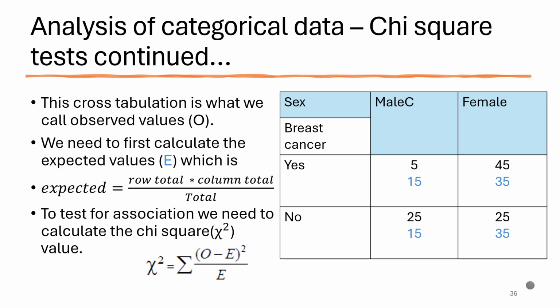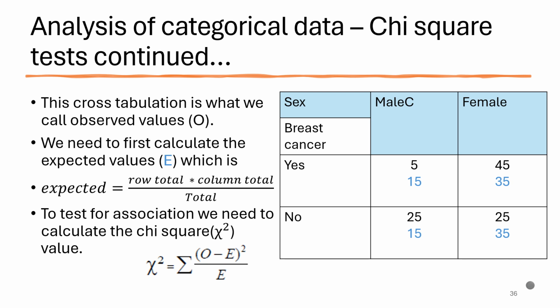And the way you calculate this is simple, really. The expected value is the row total times the column total divided by the total. So let's say for males that are positive for breast cancer, the row total is 5 plus 45, which is 50. Then the column total is 5 plus 25, which is 30. So it's 50 times 30 divided by 100.